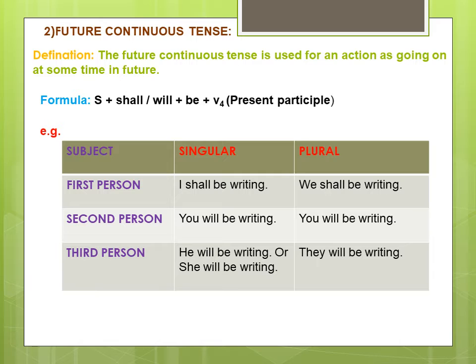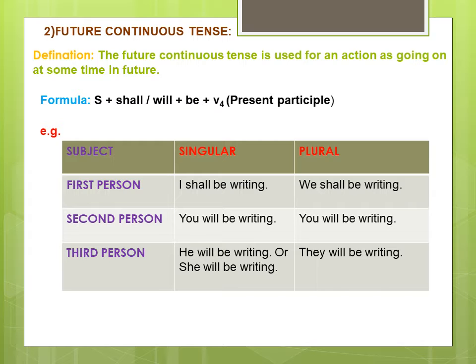Next, future continuous tense. The future continuous tense is used for an action going on at some time in future. See the formula: subject plus shall or will plus be plus V4, meaning the present participle form of the verb. There are three columns showing us first person subject.